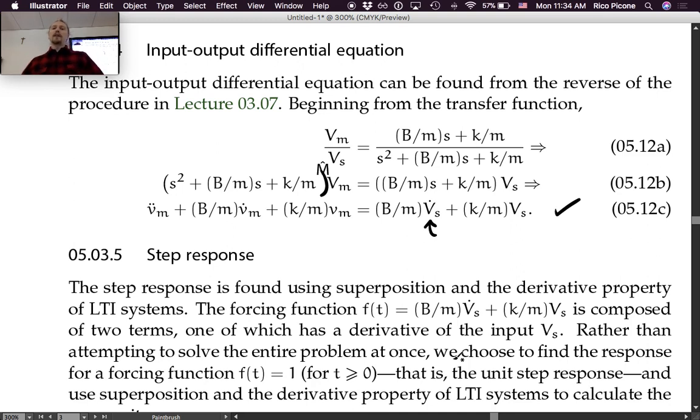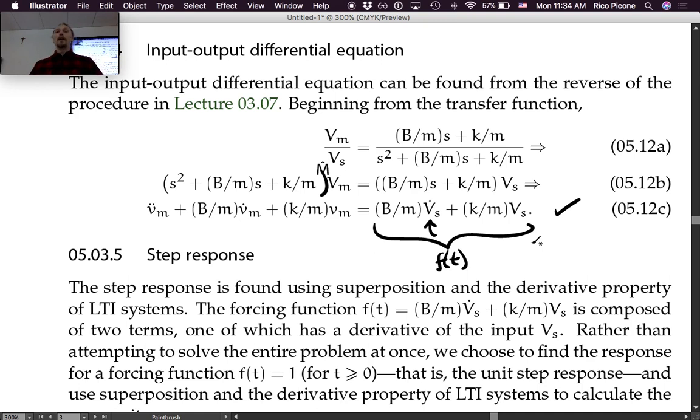The forcing function, which is the whole right-hand side, f of t, is equal to this. It's composed of two terms, one of which has a derivative of the input. Rather than attempting to solve the entire problem at once, which we could do, we choose to find the response for a forcing function just equal to 1 first. So the Vs is actually 1 in our problem.